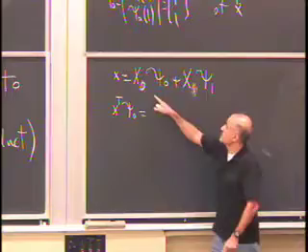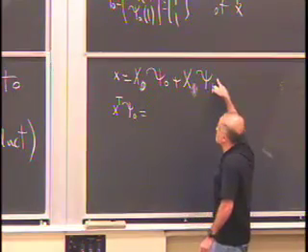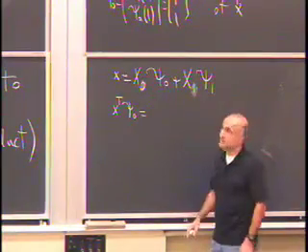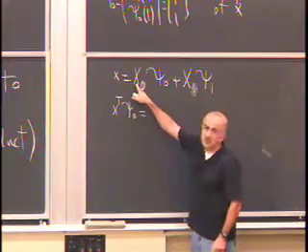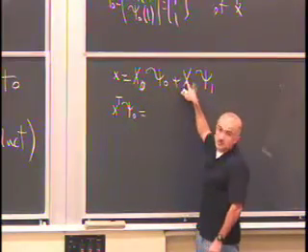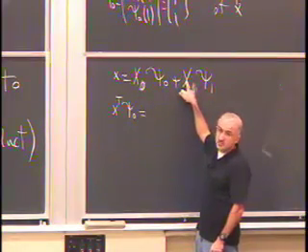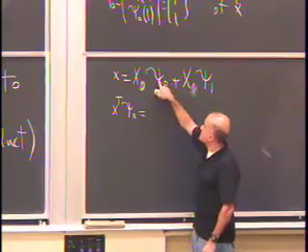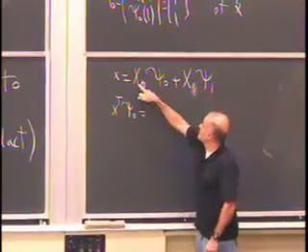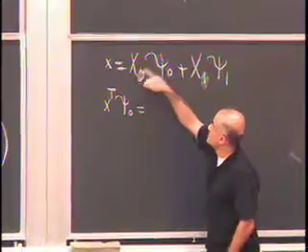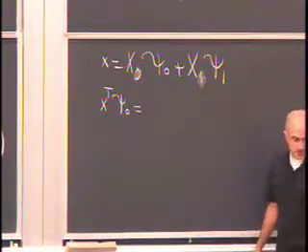So what happens when I take the dot product of this with C0? This is a number. This is a number. I don't know what those numbers are. But this is a vector and this is a vector, and I've got to take the dot product of this whole thing with C0. How does that work?